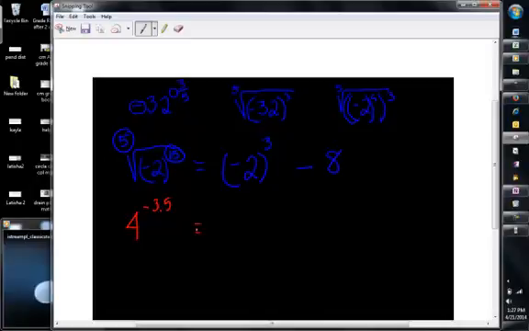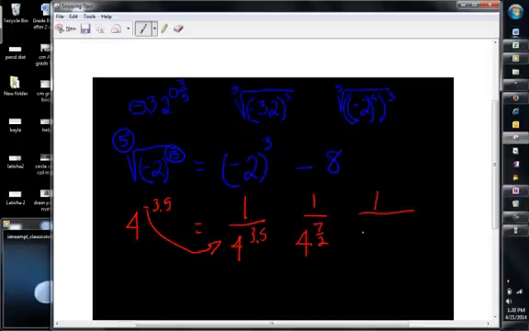It's the same as 1 over 4 to the 3.5. 3.5 is the same as 7/2, okay? Which is 1 over the square root of 4 to the 7th.